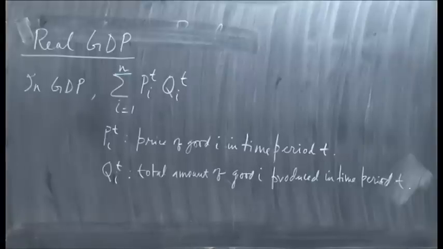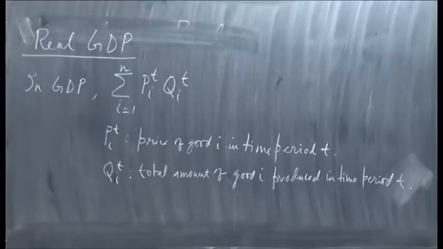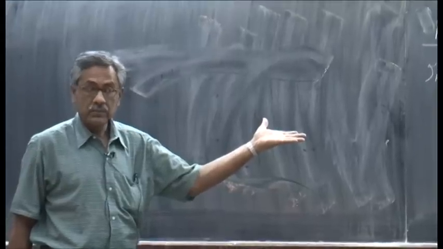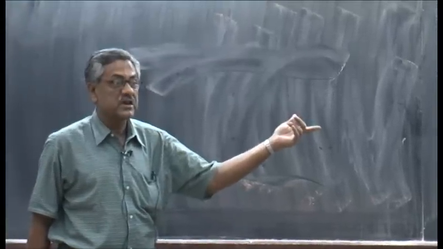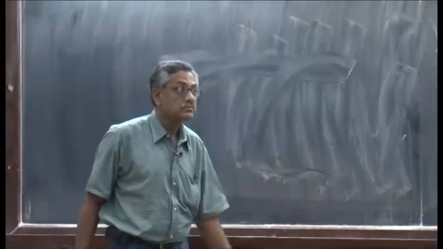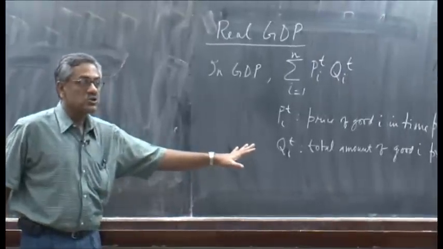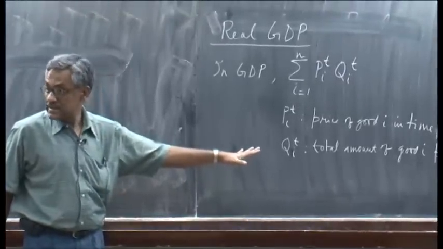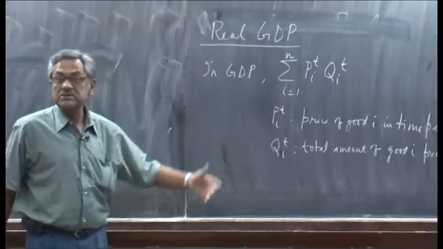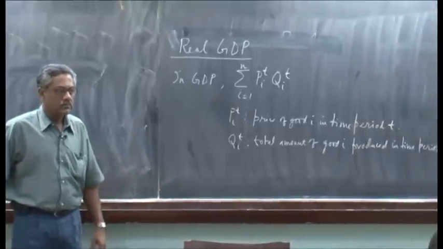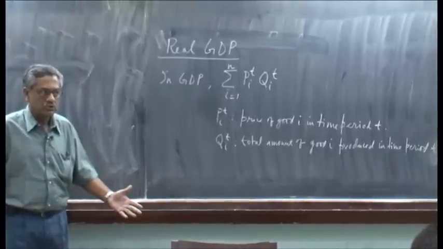All right. The problem with this is that even if the Q_i's quantities remain the same, or even if some quantities have fallen, but prices have changed quite a bit, then the GDP in the next time period will be a larger number. The Q_i's remain more or less constant, and even some have fallen, lesser amount produced, but the P_i's, largely speaking, have gone up, for the majority of goods.